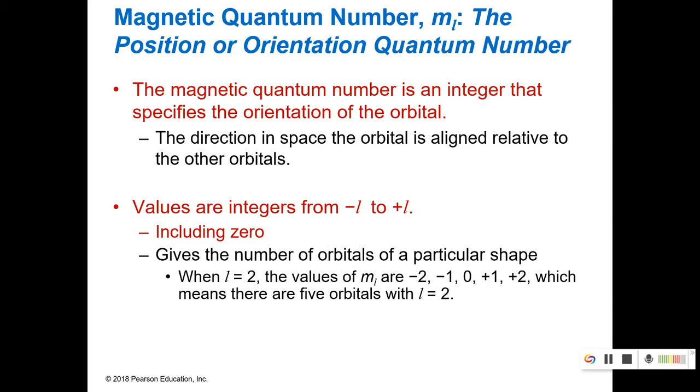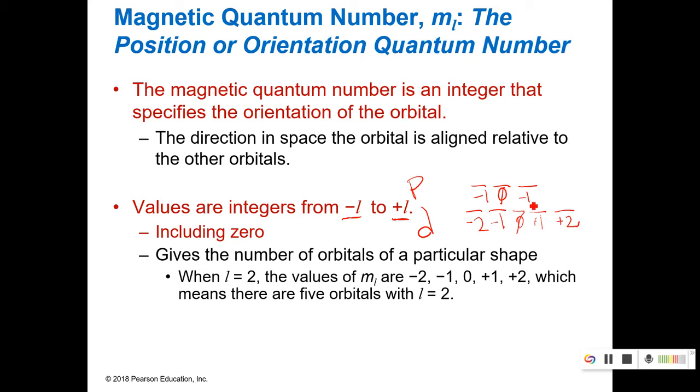That ML, the third number, has to do with the orbital or the lines. Here they're giving an example of D. It does go from negative L to positive L. So we know that D has 5 lines and D is 2. Sometimes I tell my students to put 0 in the middle. So this is D. P would only have 3 lines.